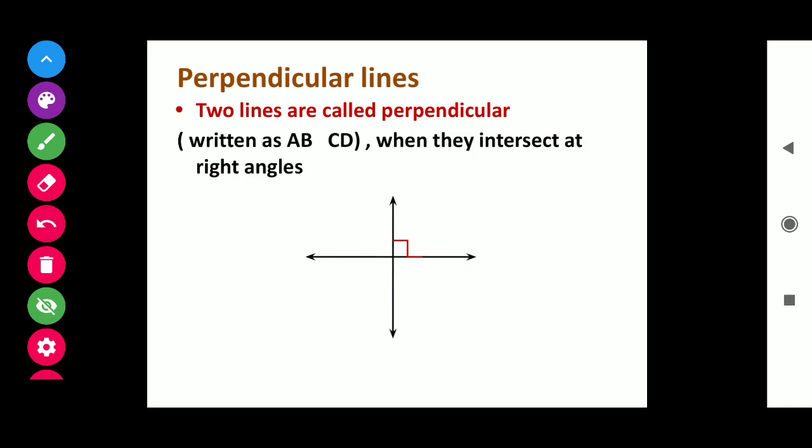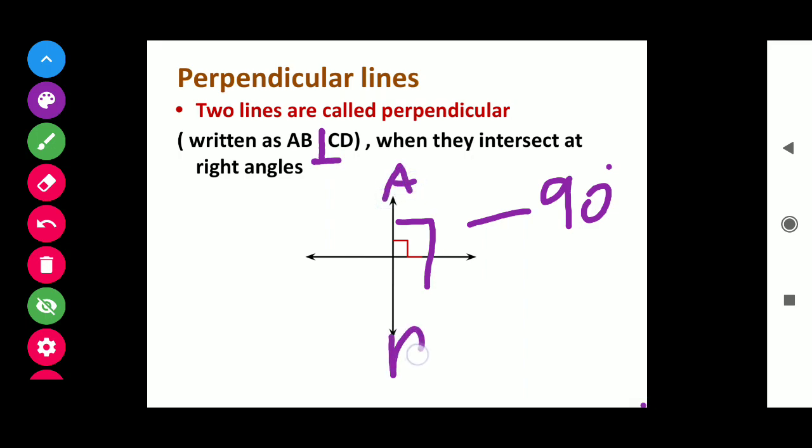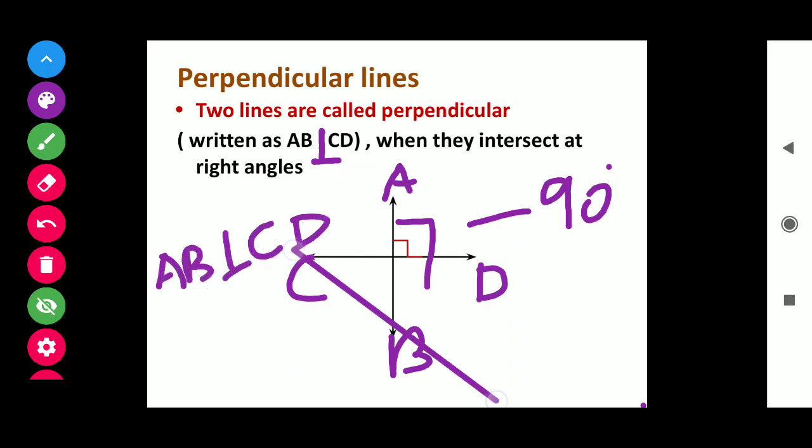Here you can see that they are intersecting and making a 90-degree angle. That's why they are called perpendicular lines, and this symbol shows it. Suppose this one is line AB and this one is line CD. So AB and CD are perpendicular lines. It will be shown like this: AB perpendicular to CD.